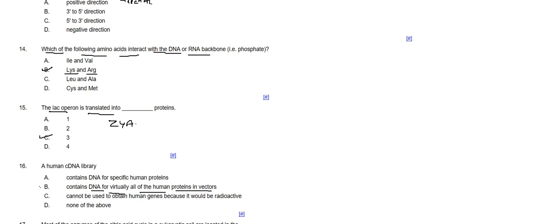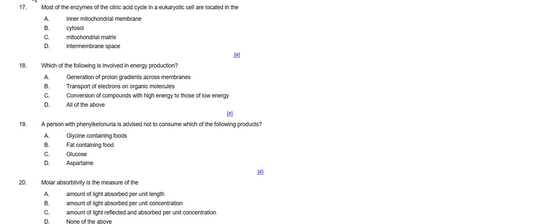Okay, next is most of the enzymes of the citric acid cycle in a eukaryotic cell are located in. So where does the citric acid cycle take place? The citric acid cycle takes place in mitochondria. So where will these enzymes be located? These enzymes will be located in the mitochondrial matrix, which is the site where the TCA cycle takes place.